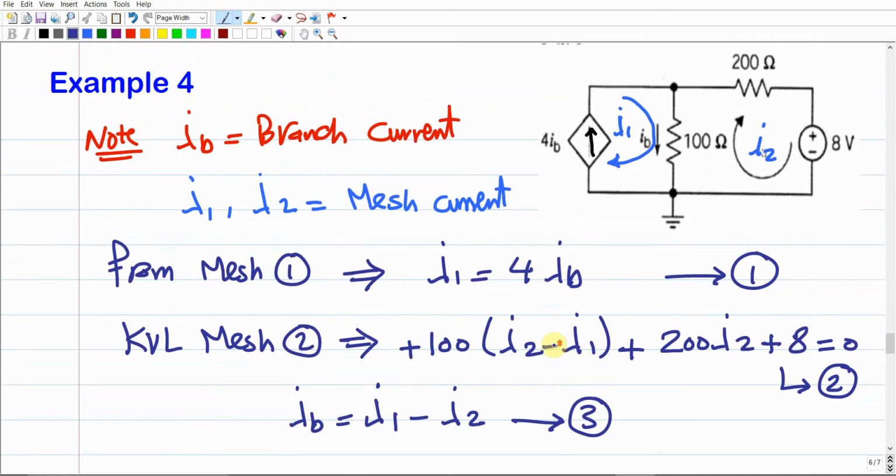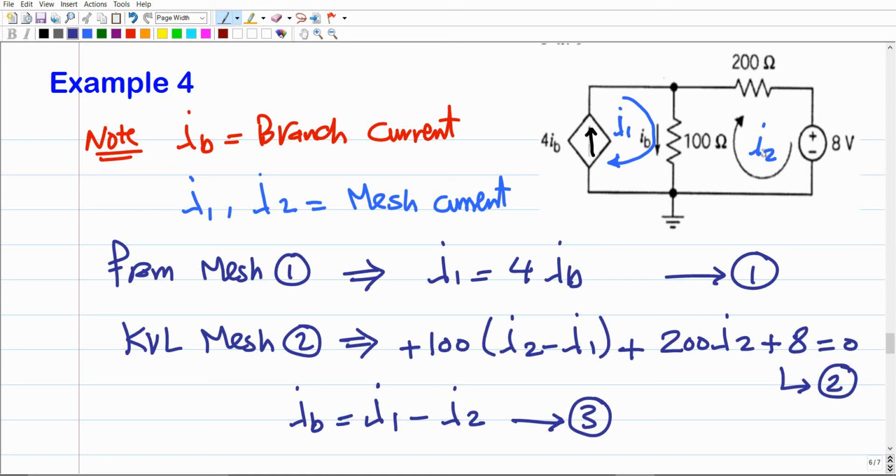Make sense? So the key idea here, in case that you do have a dependent source, whatever it is, dependent source like this source, it is current or voltage. Dependent, it means that it's going to depend on the current or the voltage of another element within the electrical circuit. You should deal with this current like IB, or if it is voltage, like this is the pure or the overall voltage over this element that is independent, that does not depend on the mesh current.